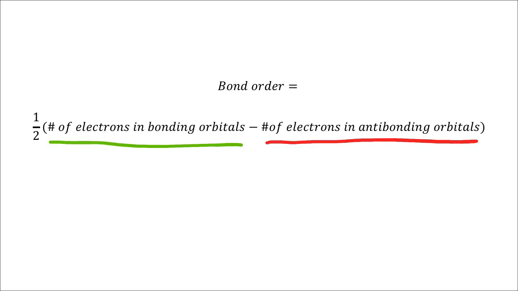So overall, this is telling you how much the two atoms want to stick together. In other words, how strongly they're bonded. Notice that in this view of bonds, you don't just have a single bond, a double bond, and a triple bond, but you could have anything in between, a 1.3 bond, a 7.9 bond, depending on what you get out of this equation.